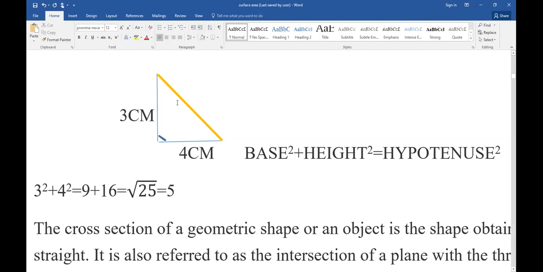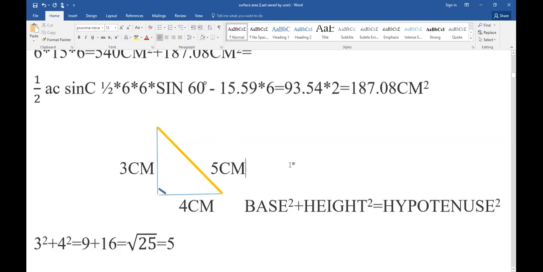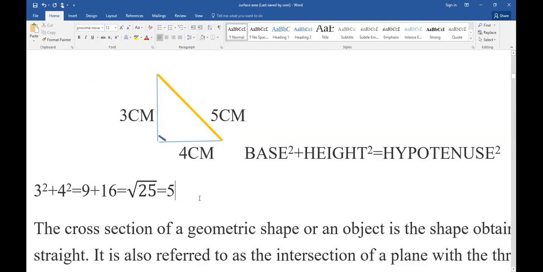So the hypotenuse is going to be 5 centimeters.